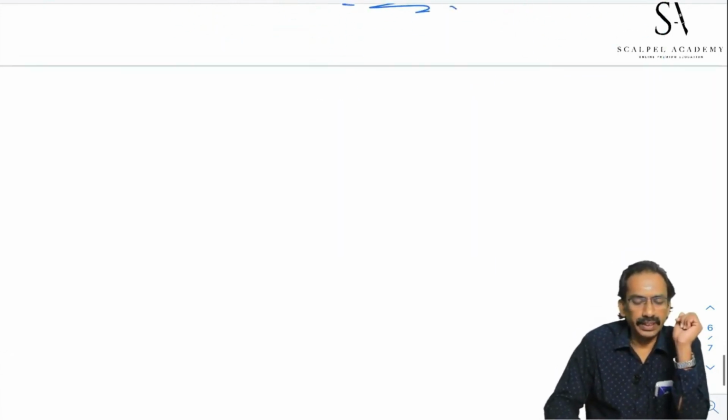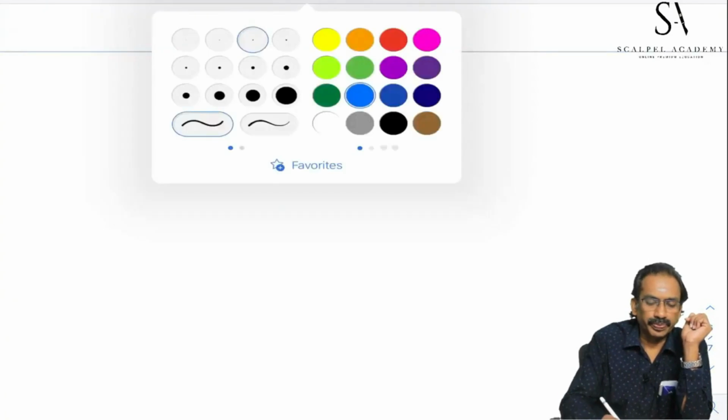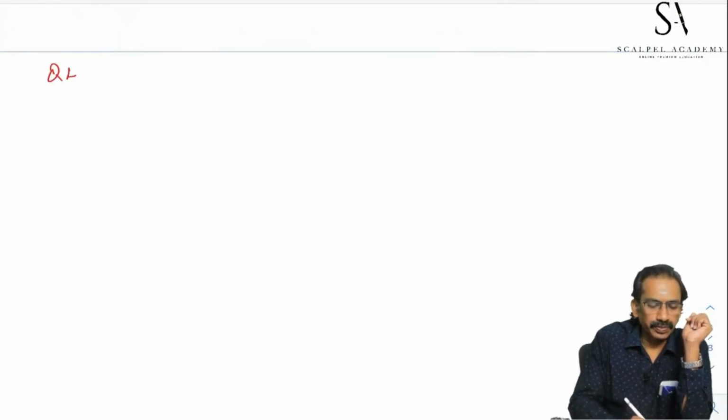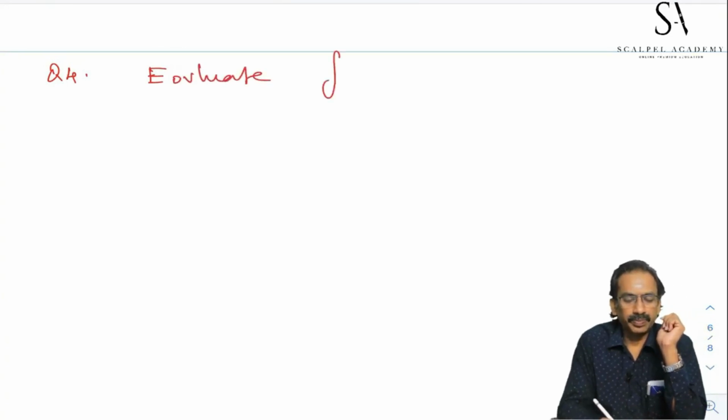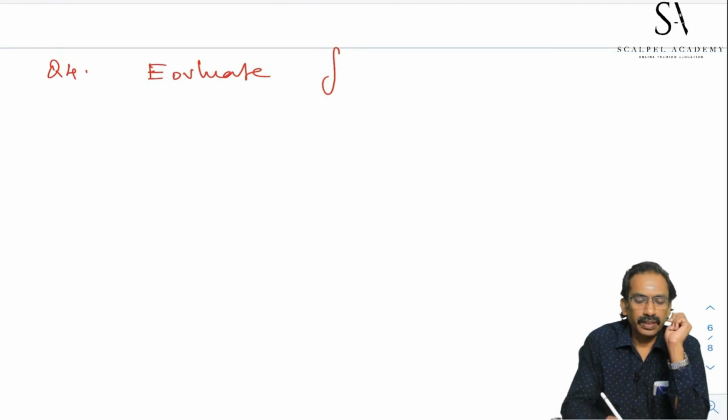Student, shall we take another example? Evaluate integral dx by x from a to b.